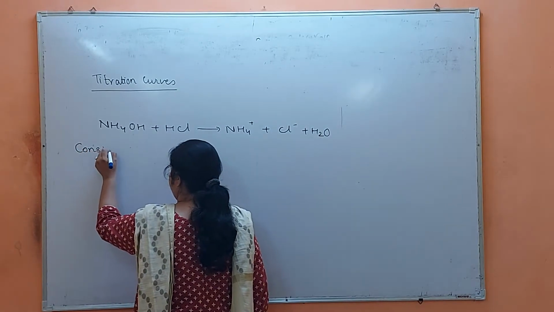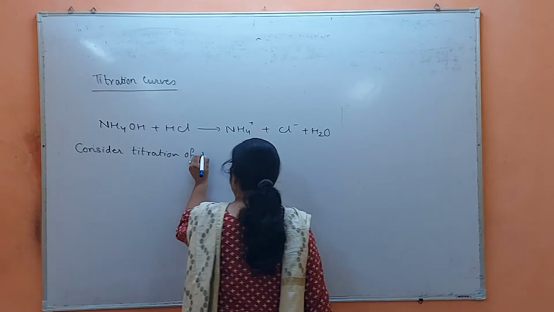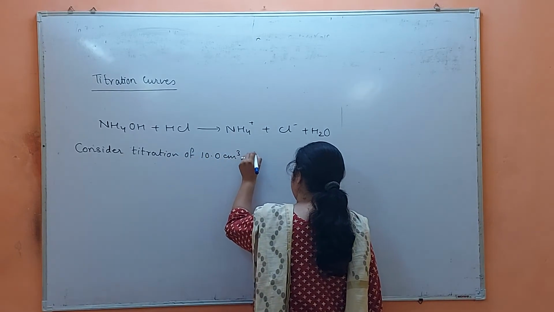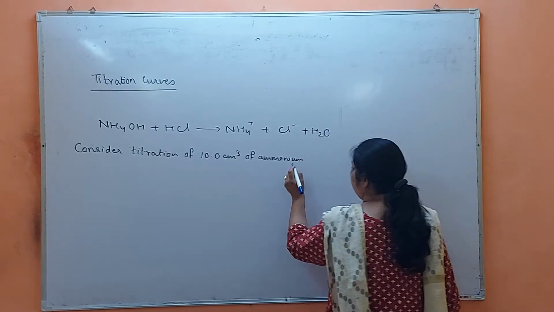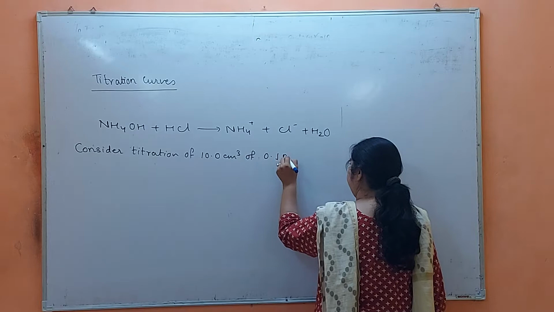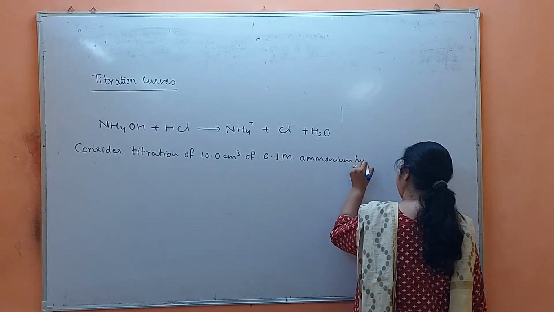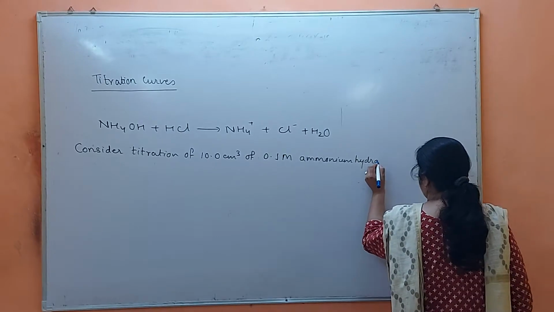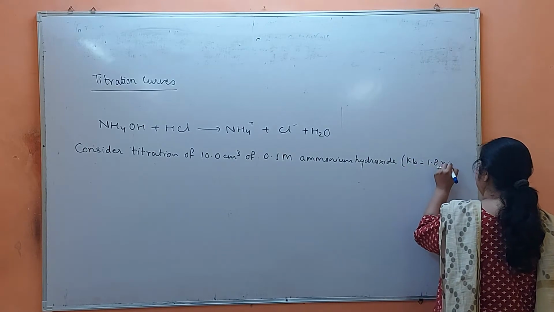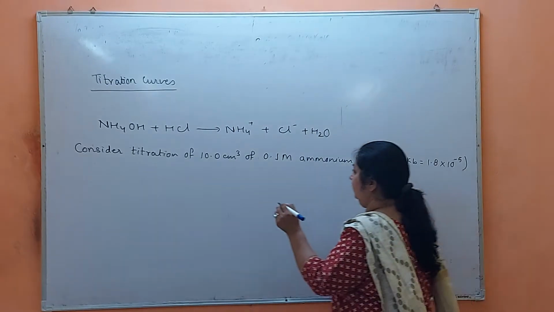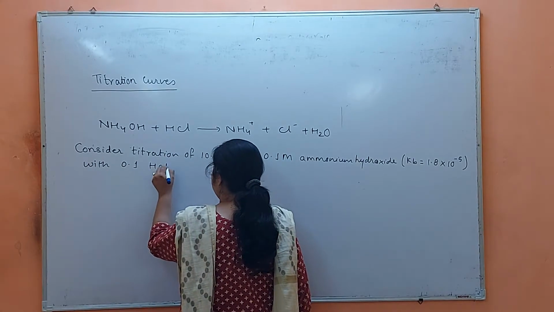Consider titration of 10 cm cube of ammonium hydroxide of, say, 0.1 molar ammonium hydroxide with Kb value 1.8 into 10 raised to minus 5, with 0.1 molar HCl solution.